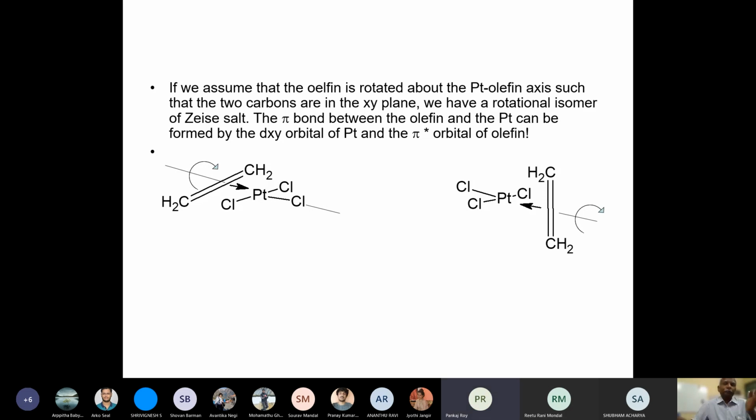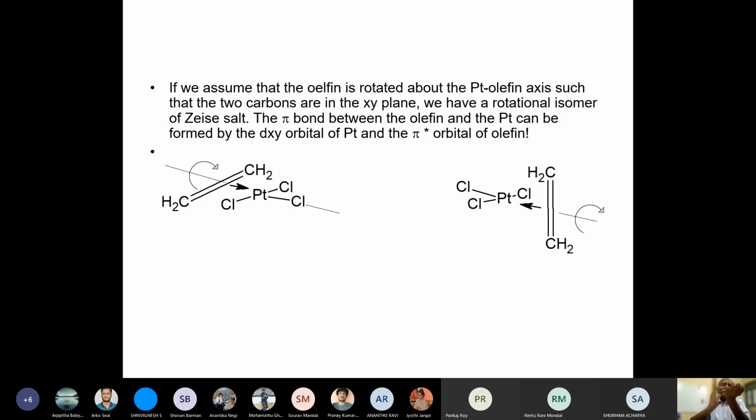Cis and trans, I don't have a model right now, I forgot to make a model. Usually I make a model and explain. So this is the metal ligand plane, and this is my olefin plane.